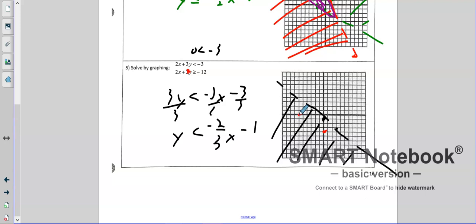And again, now this one is a solid line. And 0 is greater than negative 12 is a true statement. So I'm going to shade like so. And my region of overlap is this right here. Because these are actually parallel lines. So the area in between them is my answer.